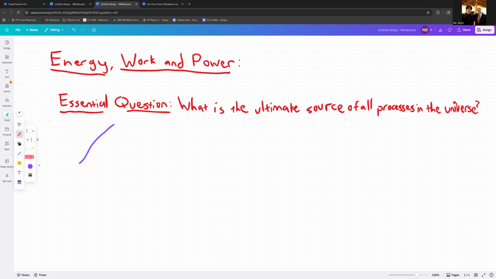So I'm going to do a bit of a pyramid if I can get a decent sort of triangle shape going here. And on the top level, we would say that things move. Motion occurs, displacement, velocity, acceleration, all of that.